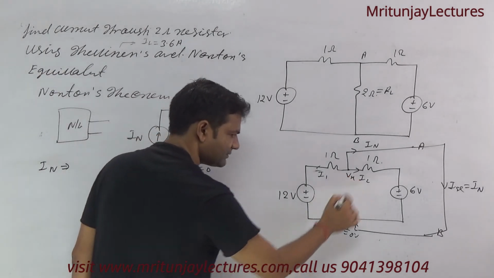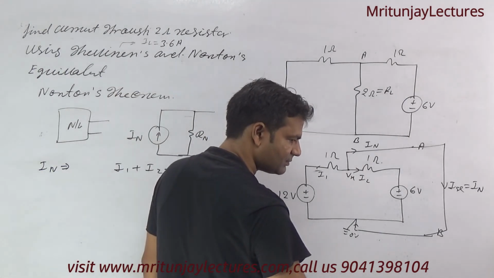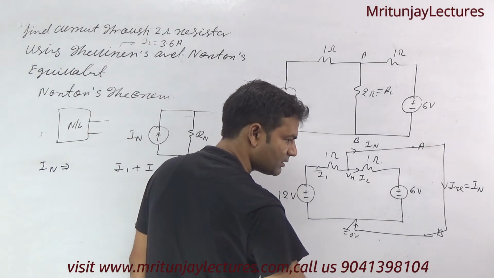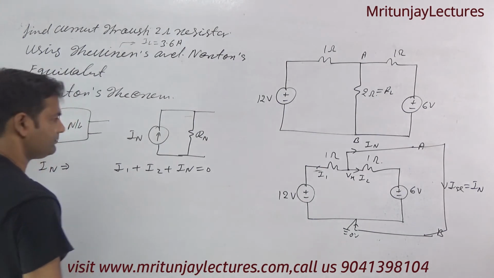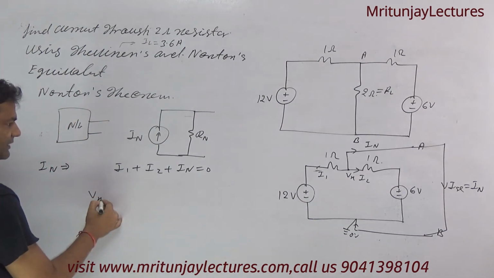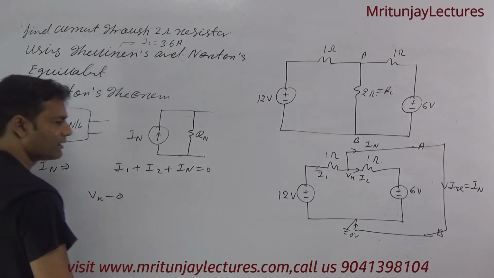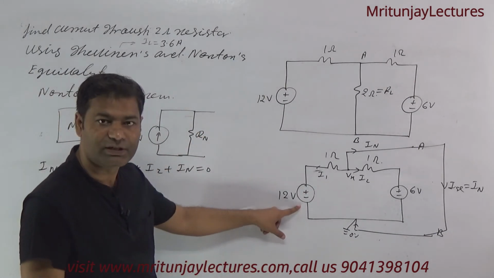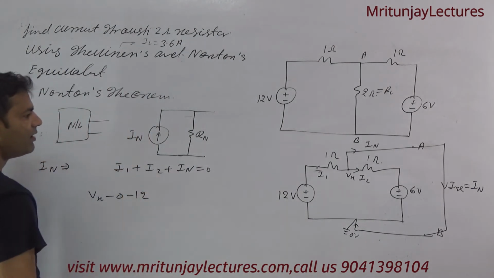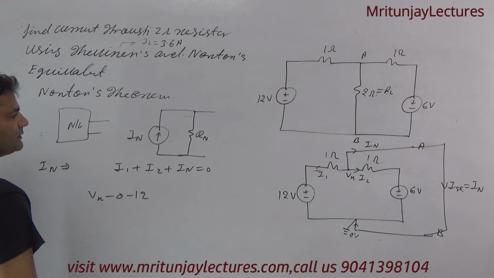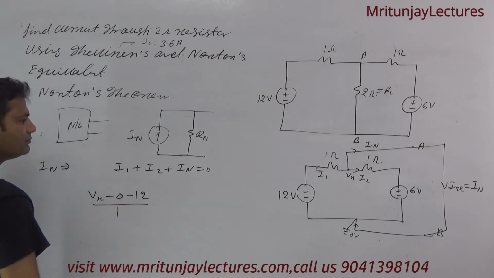Suppose that is Vx. Now IN is Vx minus 0, current leaves from the negative terminal, that's why this one is minus, divided by 1.